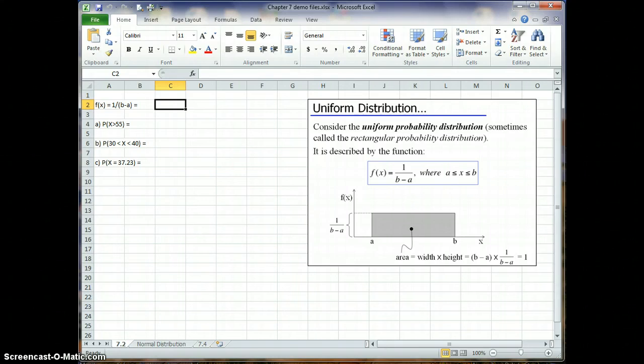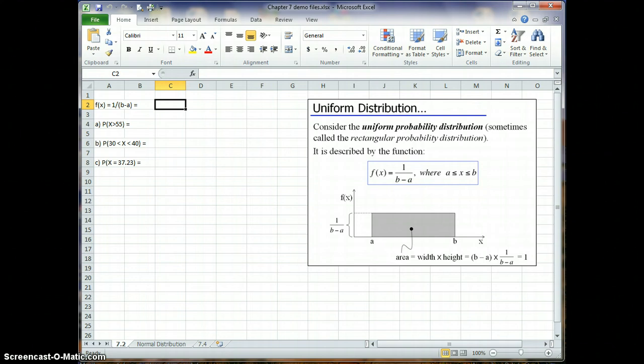Here we are in Chapter 7, dealing with continuous probability distributions. The idea there is that we cannot list all the possible values because there's an infinite number of possible values. And because there's an infinite number of values, the probability of each individual value is virtually zero.